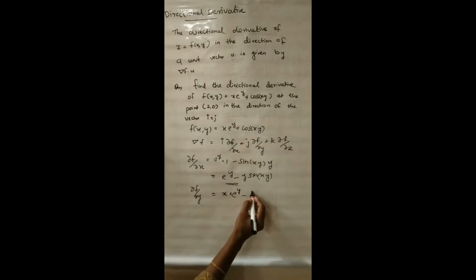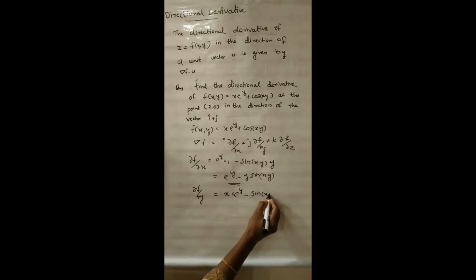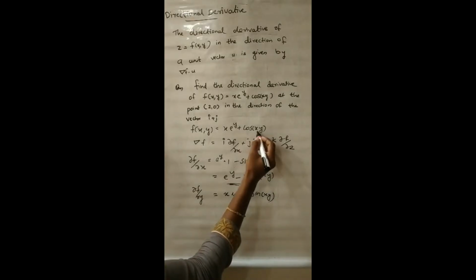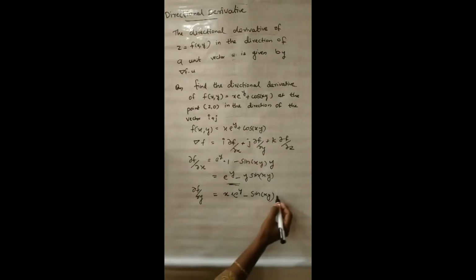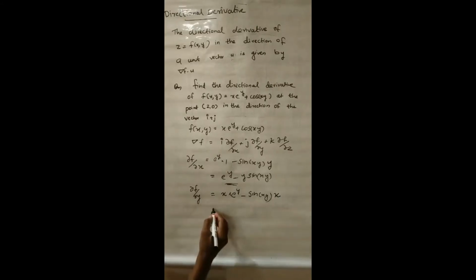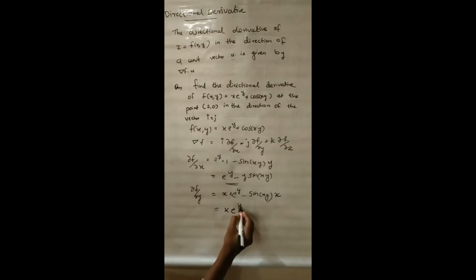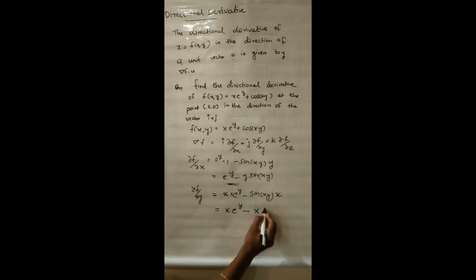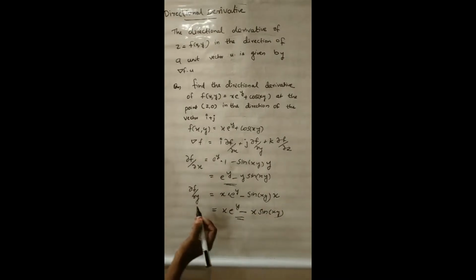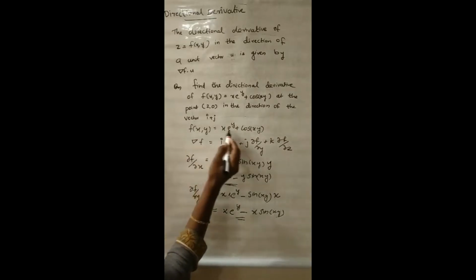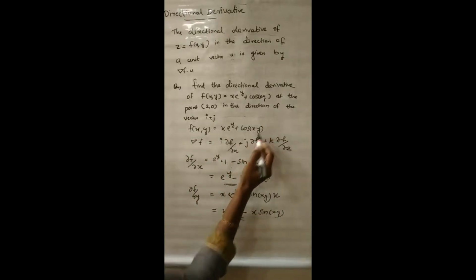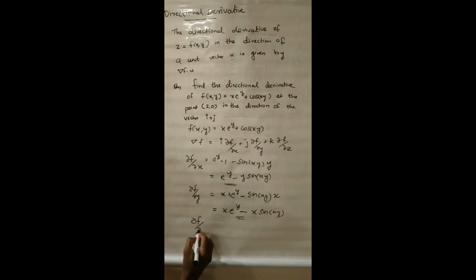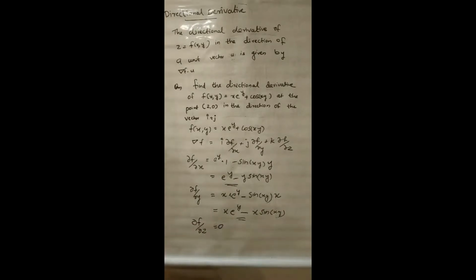Again the derivative of cos is minus sin x y into the derivative of the angle x y with respect to y, that is x. So we get this as x e raised to y minus x sin x y. Then if you look at the expression f, there is no term involving z. That is, the derivative of f with respect to z is 0.